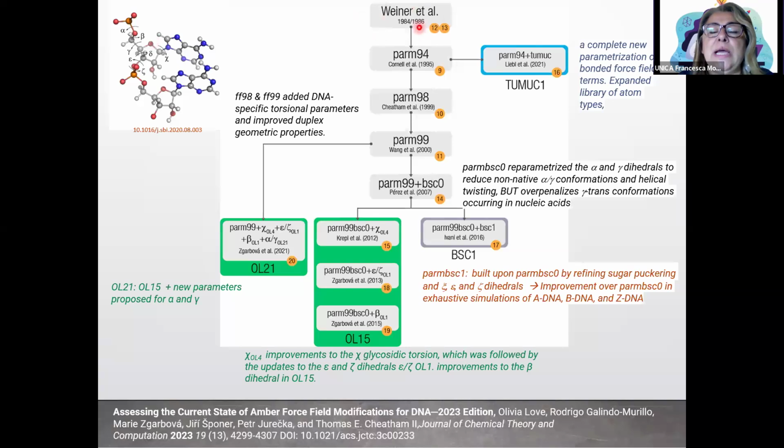Since its origin in the 80s, the Amber force field has been optimized in the 90s, in 94, originating the Cornell force field Par94, that has then been optimized, adding specific parameters for the torsional angles in nucleic acids.